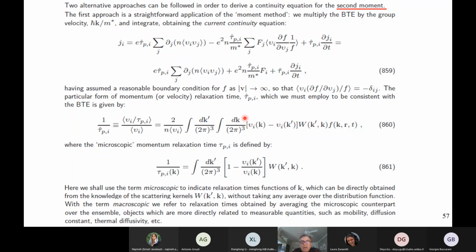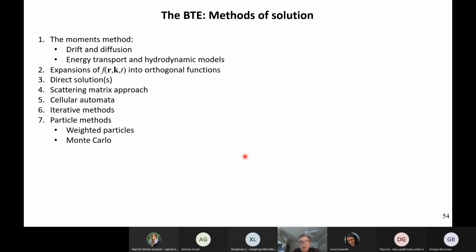It's essentially the scattering rate. If I take just the first integral, ignore this term, this will be the integral over all transition probabilities from k to k prime for the distribution function at k, integrated over all possible final states. I integrate over k prime because I have two integrals over here.